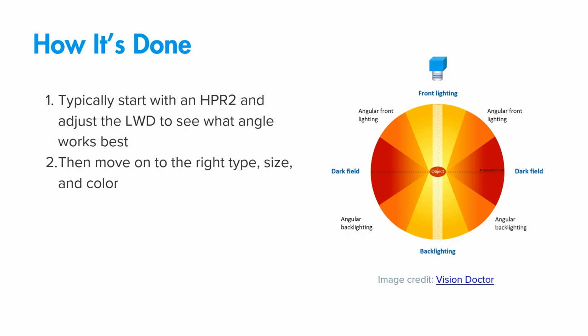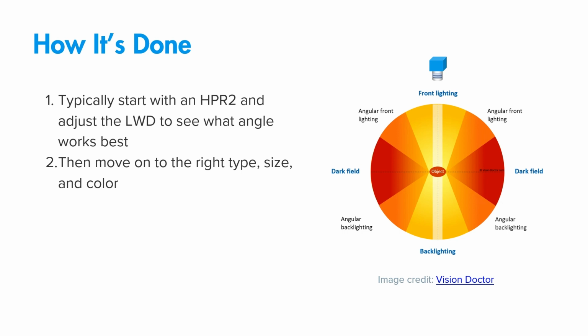Essentially, what we're trying to decide is: does a light at a low angle give us the best image? Or does a light coming from the top give us a better image? Or are we looking for something more angular coming from the sides? I personally like to start with an HPR2. I like the way the light guiding plate works as a low angle light at a short working distance and a bright field light at a longer working distance, so I don't have to change my light to get a good idea of whether I want a dark field image or a bright field image.